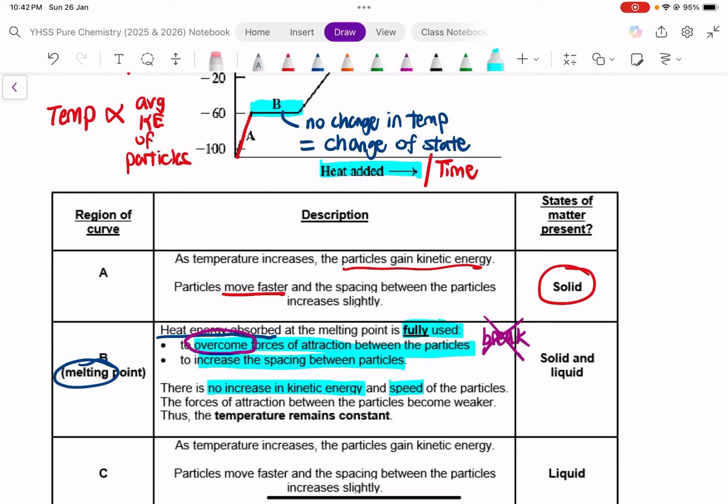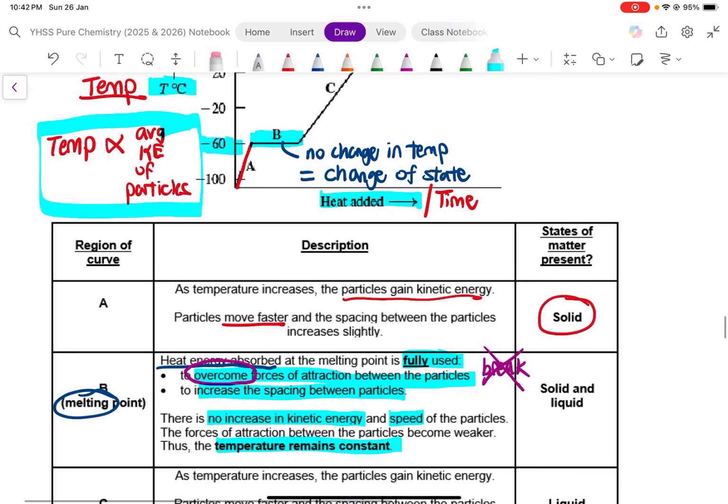If we go back to the central concept, temperature is proportional to average kinetic energy. If there is no increase to kinetic energy, temperature remains constant. And therefore, during melting at region B, the temperature remains constant. And this temperature is called the melting point.